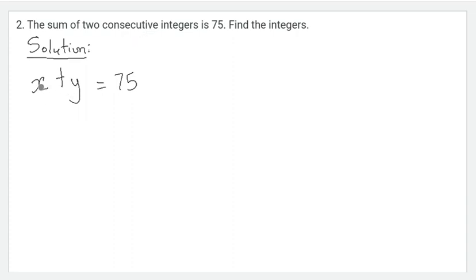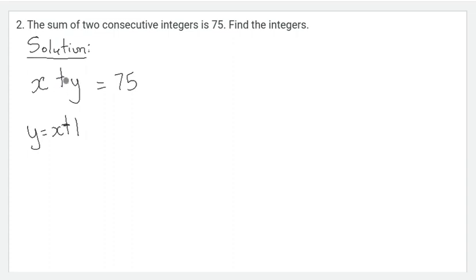For every consecutive number, let me explain it this way. y is actually equal to x plus 1 because they are consecutive numbers. Imagine x is 1 and your consecutive number is 2, which is y.